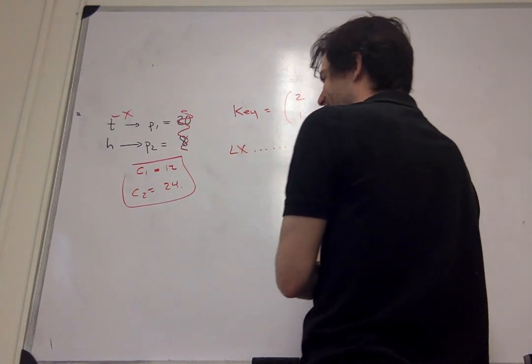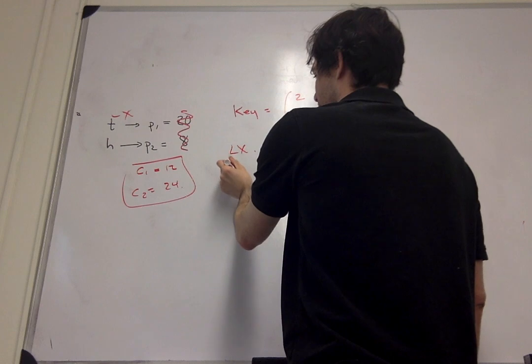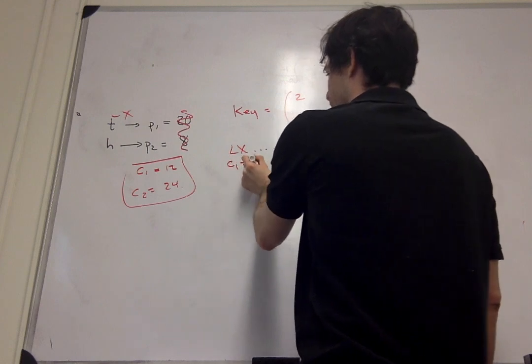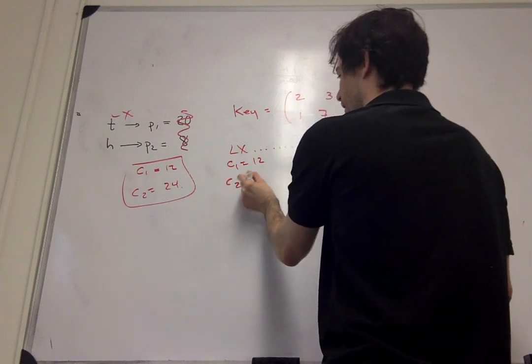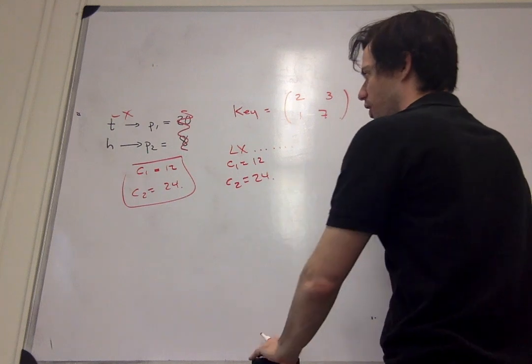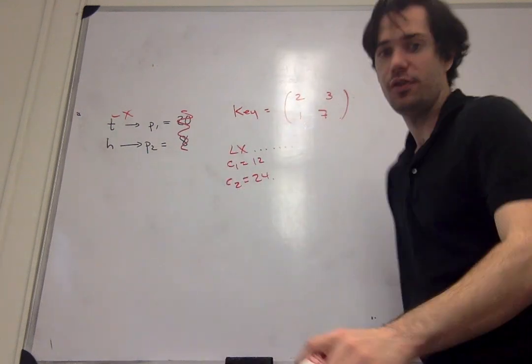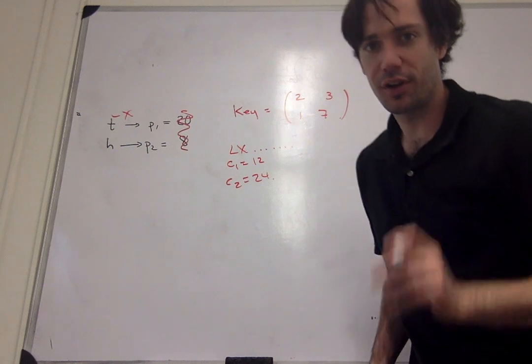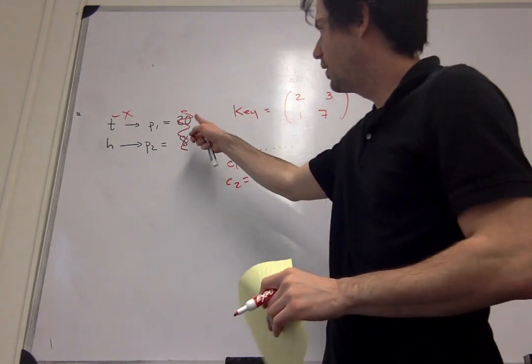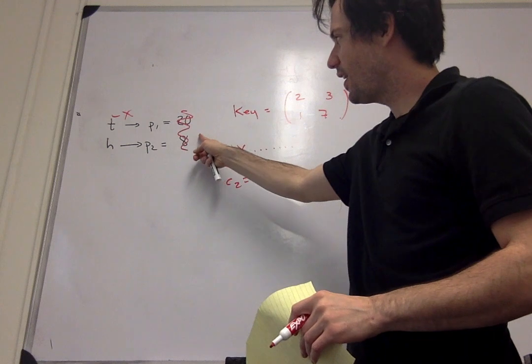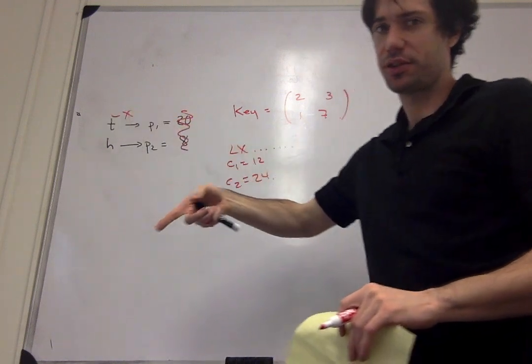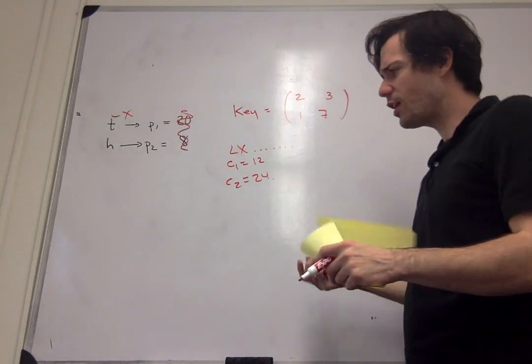Well, L and X have positions 12 and 24, and if you do your work correctly, you should get back 20 and 8, which we know is T and H, right? So how do we do that?